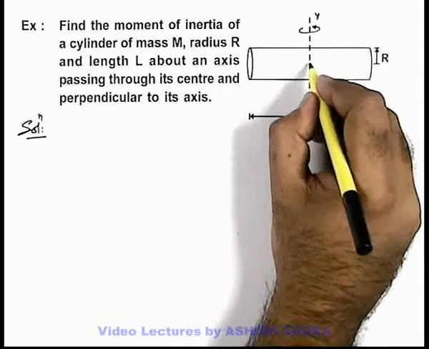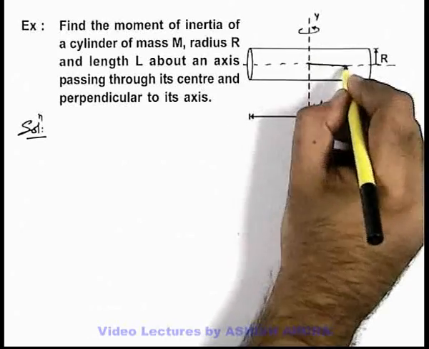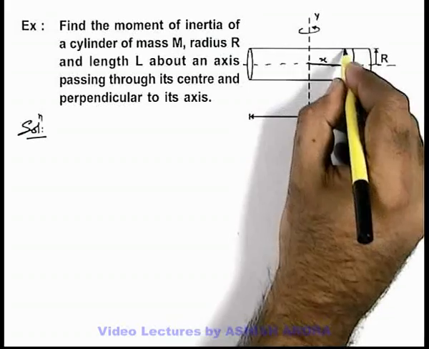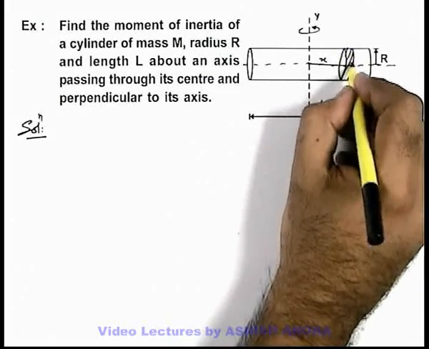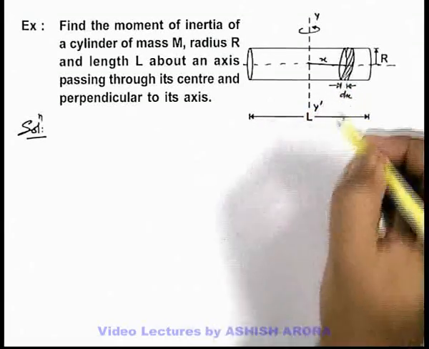So in this situation, along the axis of this cylinder, we consider an elemental disk at a distance x from the axis of rotation, and say the width of this disk element is dx.